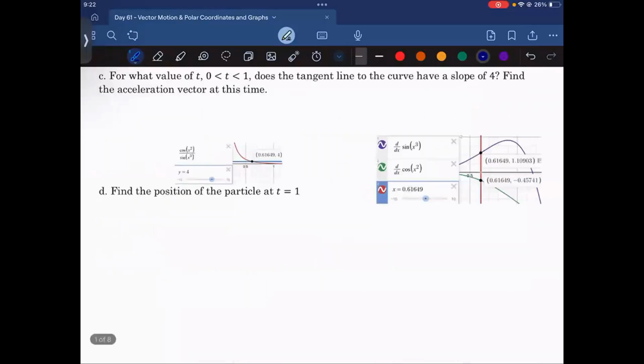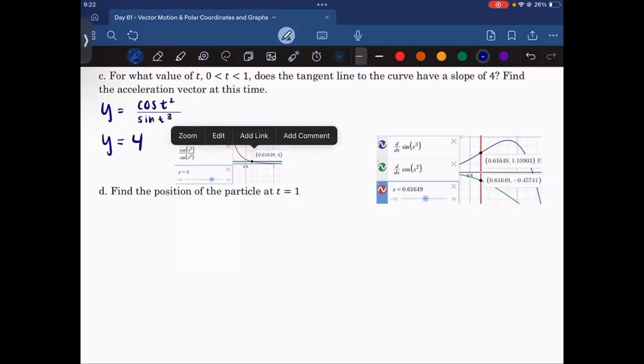Okay, C, for what value of t from 0 to 1 does the tangent line of the curve have a slope of 4? Find the acceleration vector at this time. So I do have these two pictures right now, but our first step is to find where the slope equals 4. And we know that from the beginning, we have the slope as cosine of t squared over sine of t cubed.